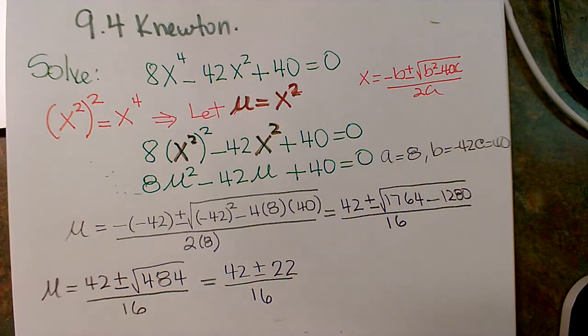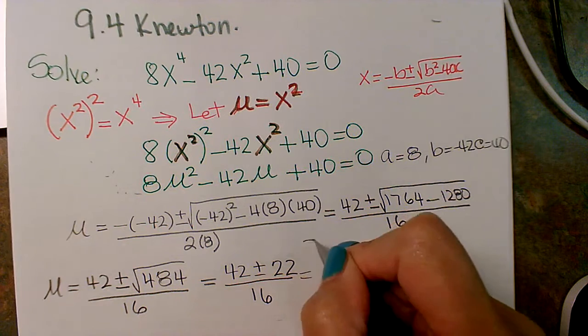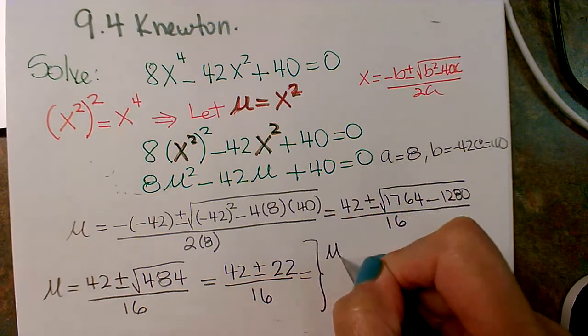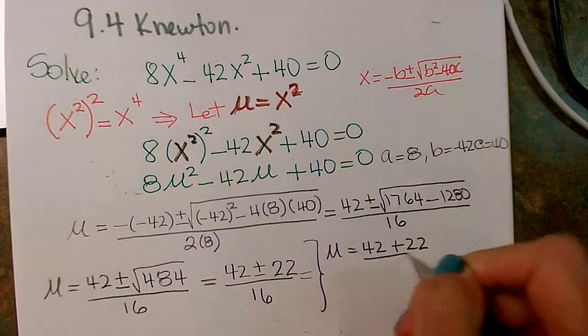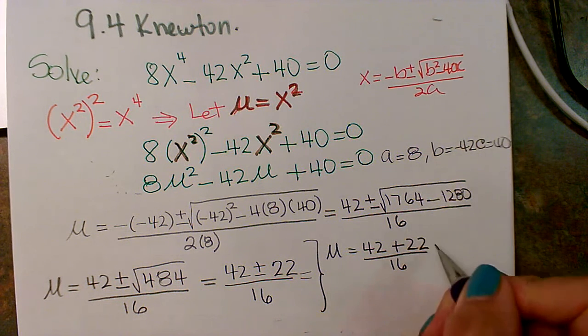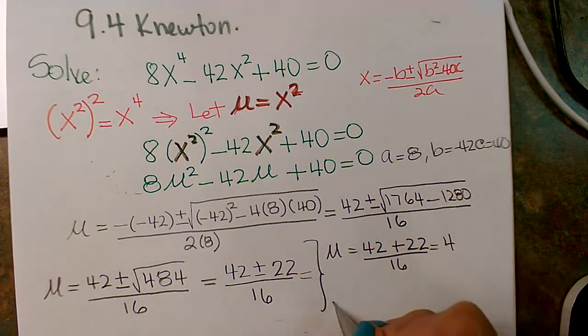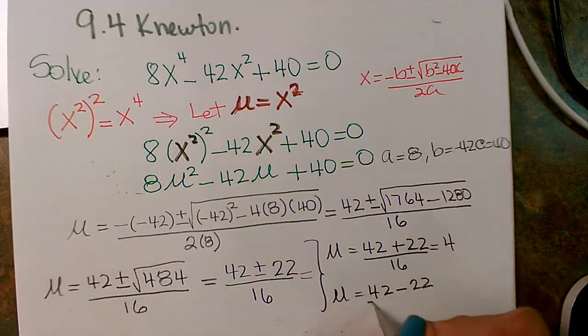So I'll have two answers. One is going to be 42 plus 22 divided by 16. Let me do that. That gives us a 4. 42 minus 22.